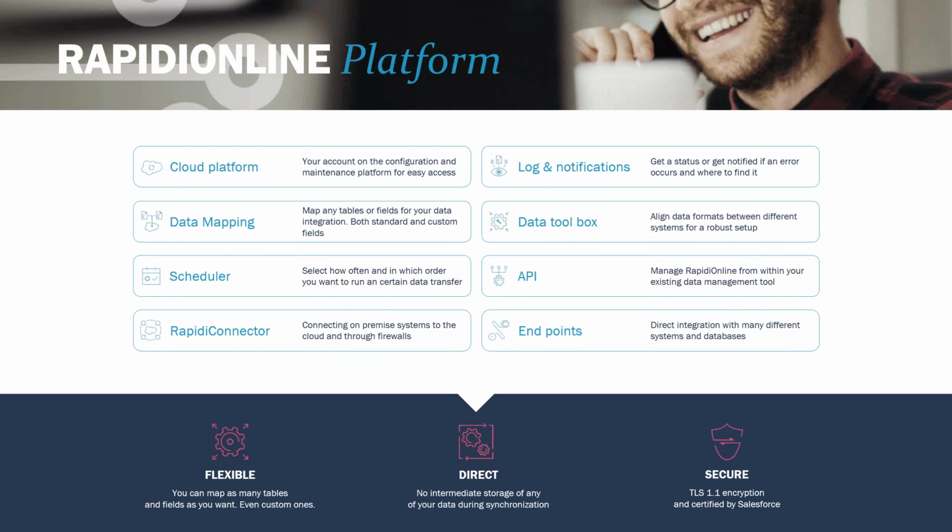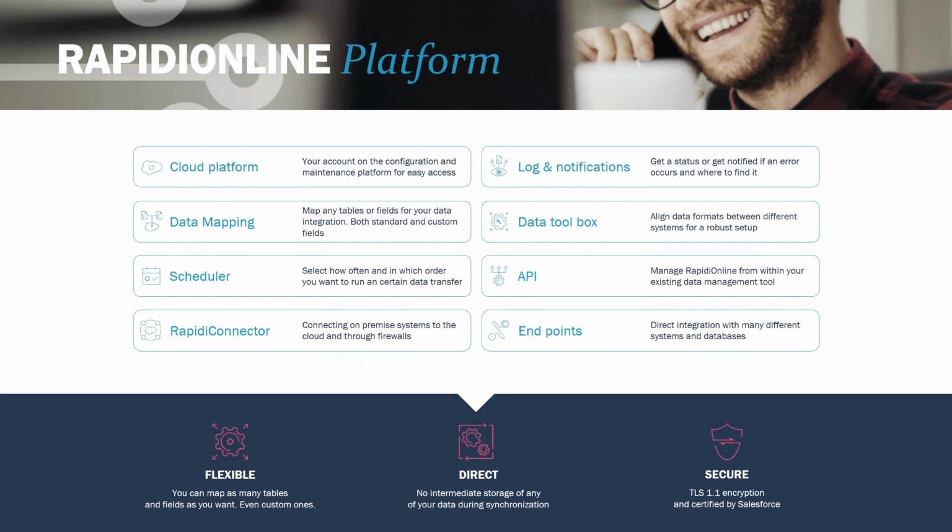So it's much deeper than a generic data integration tool. A very common task is to align different field types between the two systems. So you might have a lookup field in one system, which is a pick list in the other system. With the data toolbox, you can do the mapping so you can have different data in the two systems, but they can still integrate between the two. So we have a logic that deals with that.